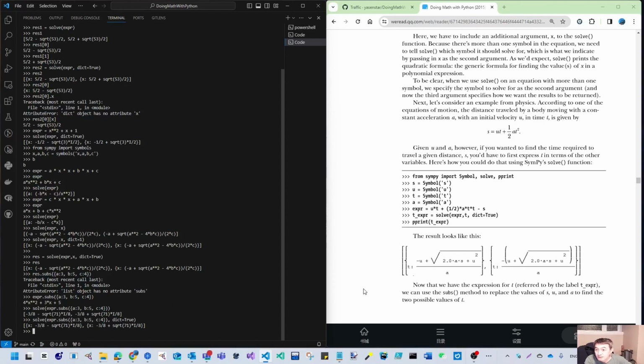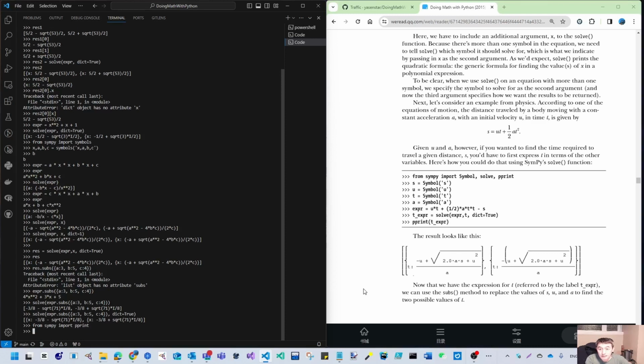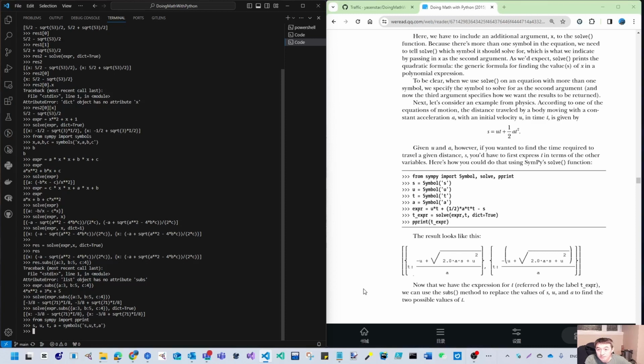So we already have solve, and we just import pprint, and then we use symbols for these. So we have one line to define that.